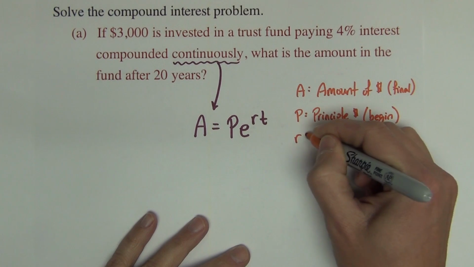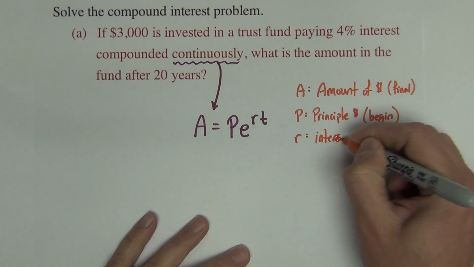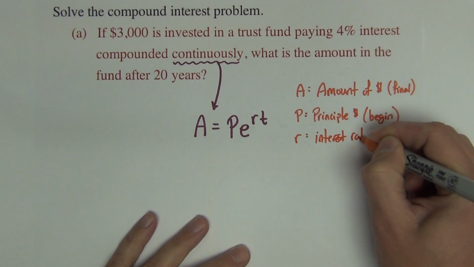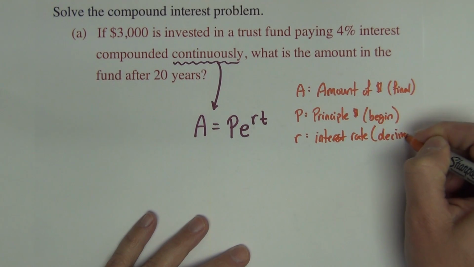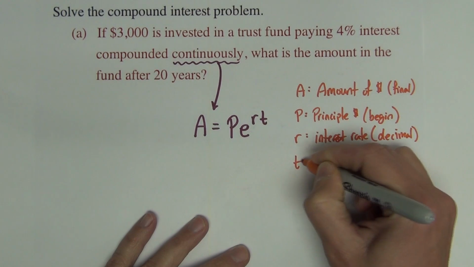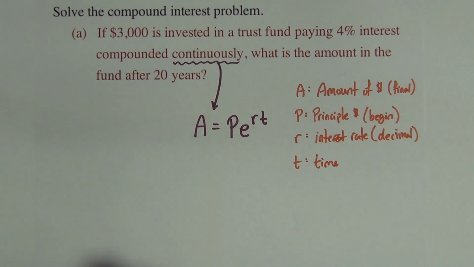Okay, the r is your interest rate as a decimal, and the t is your length of time. Okay, so these are your four variables. With any one of these problems, you have to be given three of them, and you can find the fourth.